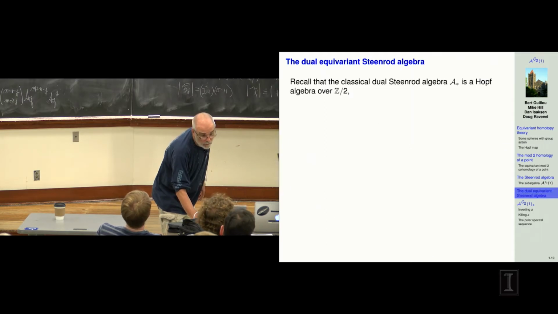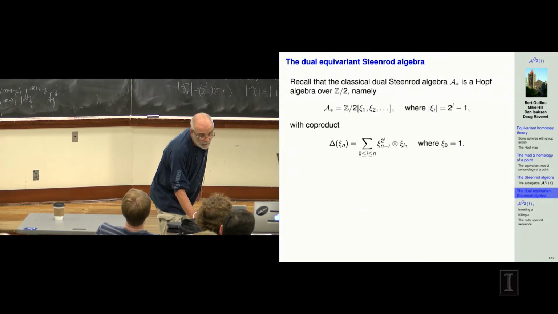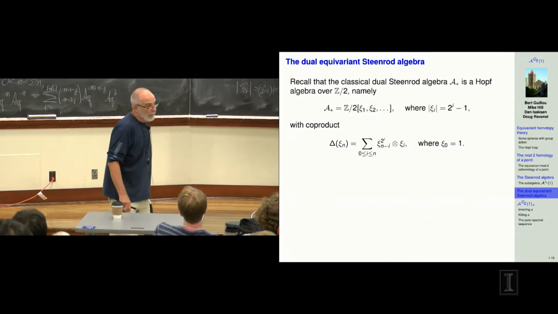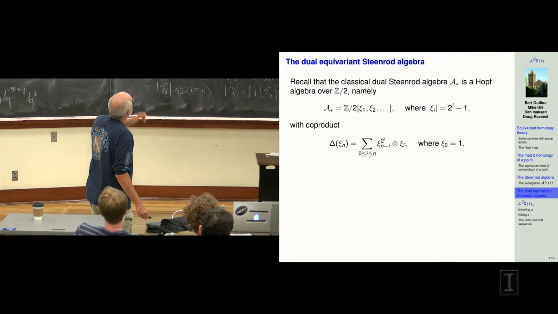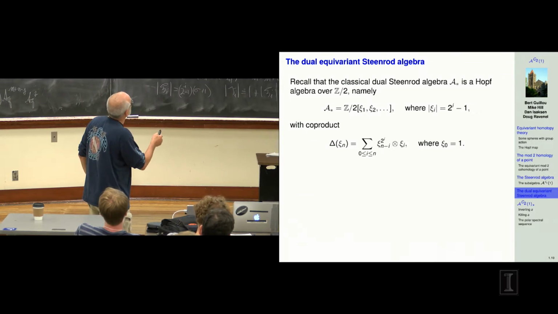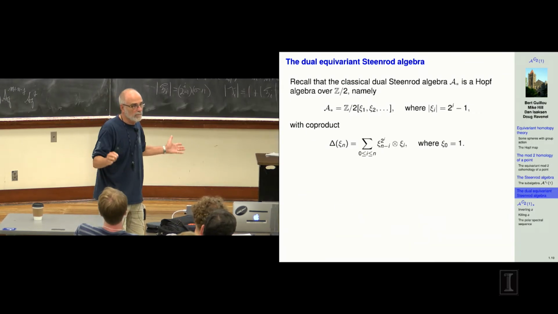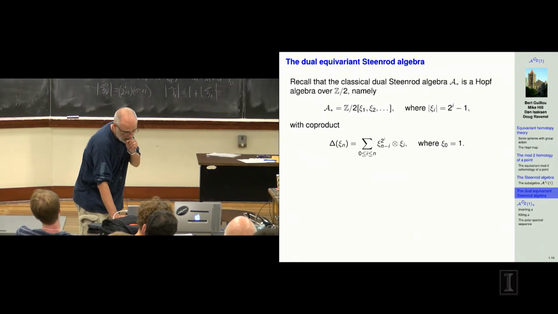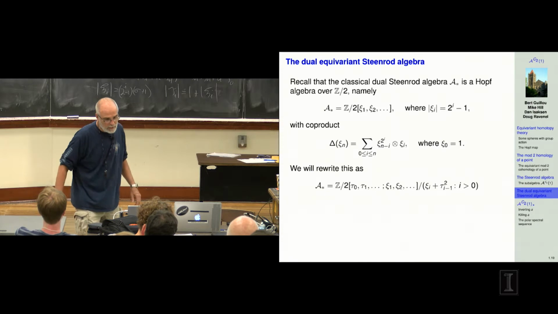Okay, so now I'm going to describe the dual Steenrod algebra. Here's the description that you've seen before. This is the classical Steenrod algebra. It's a polynomial algebra on the elements known as xi's, and this is the coproduct formula. This is the formula you've seen many times. Now, for notational purposes, I'm going to rewrite it like this.